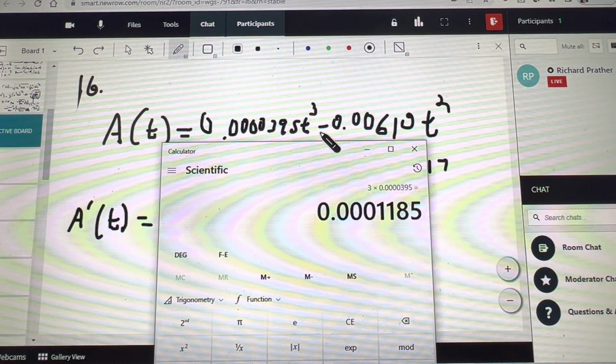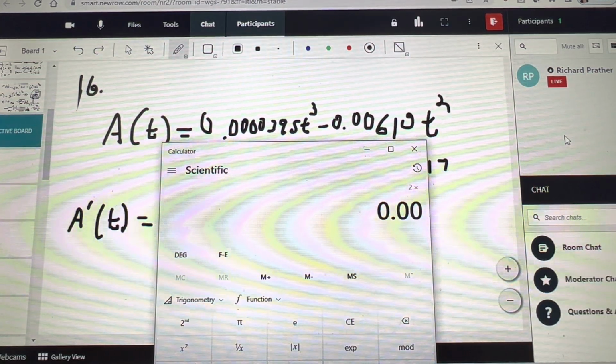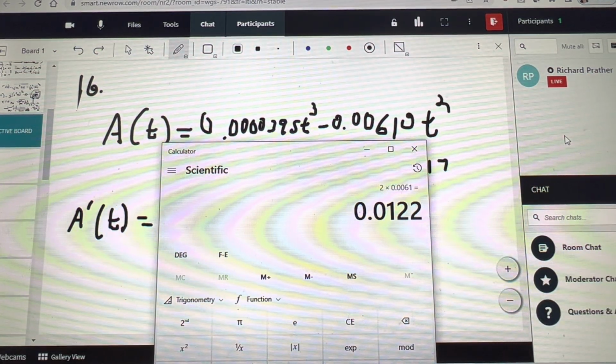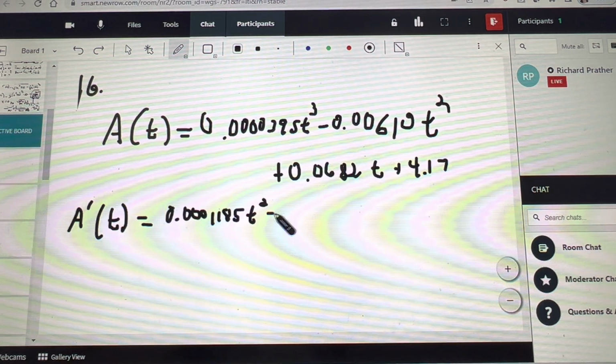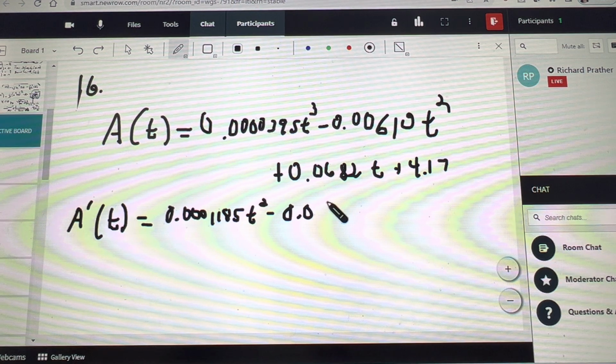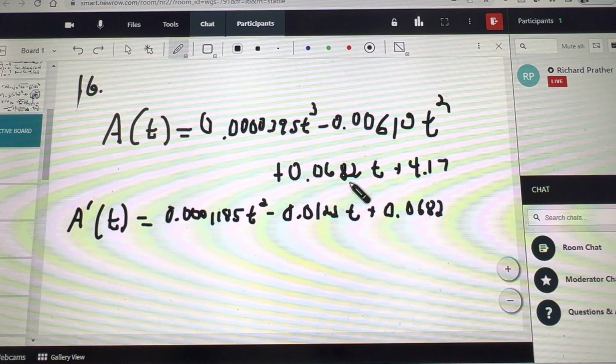Now it'll be minus whatever 2 times this decimal is, 2 times 0.00610. So negative 0.0122 t to the first power. And then plus this t to the 0 power. So that would be the polynomial.